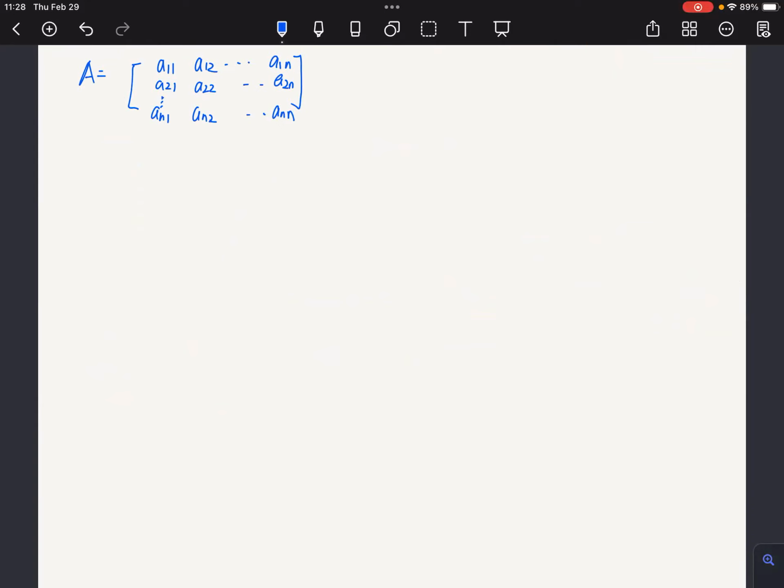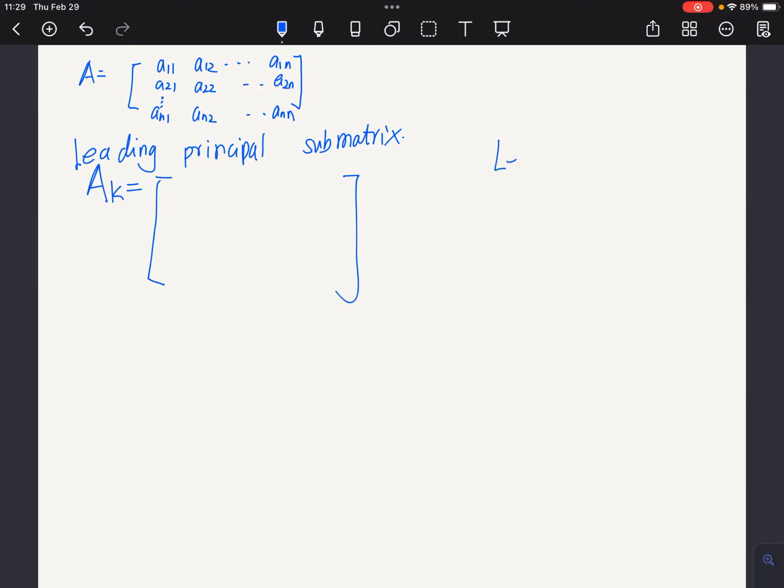The leading principal submatrix Ak is defined this way. It is just the left upper square part, the k by k part.